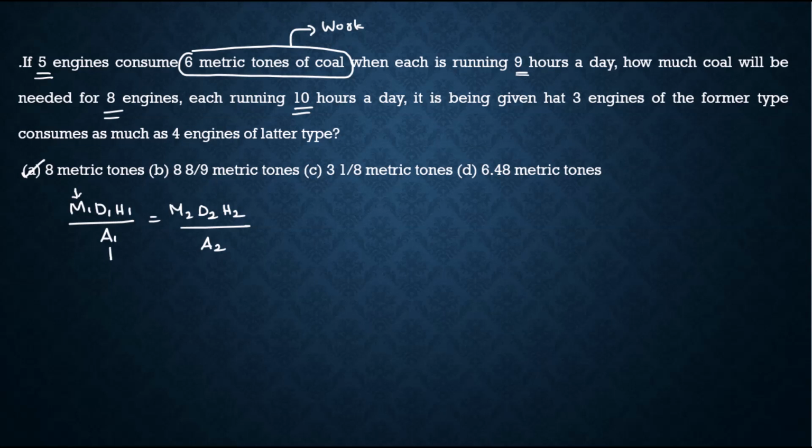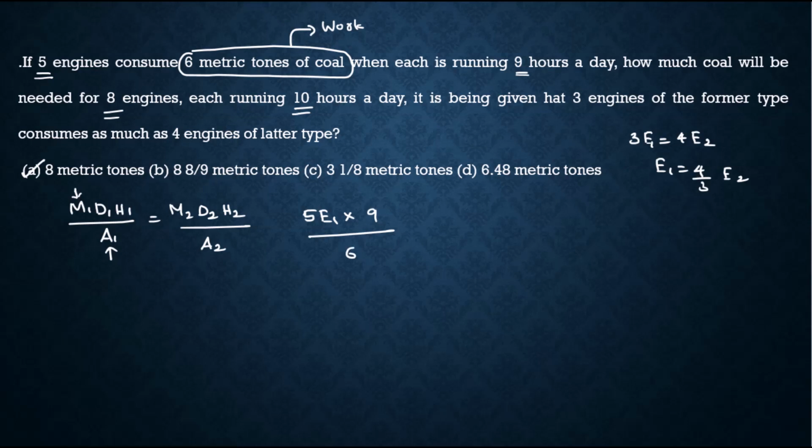Here, instead of M1, we have engine. Instead of amount of work done, we have amount of coal consumed. The only thing we have to equate is 3E1 equal to 4E2, or E1 equal to 4 by 3 E2. Directly substitute the things. What you will get?